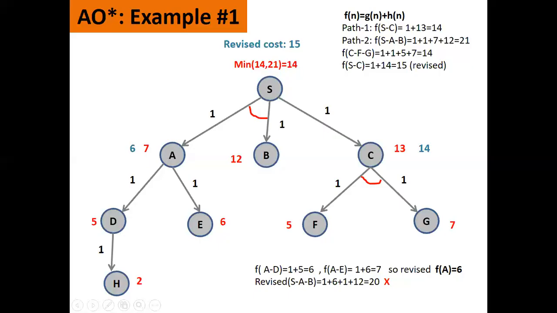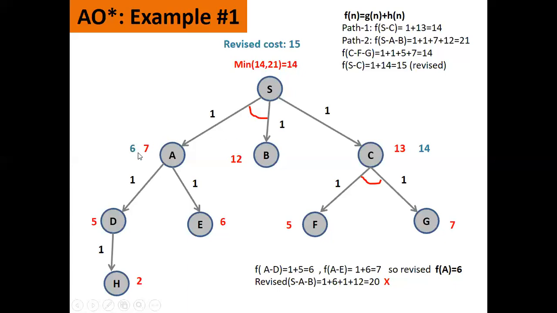Is it clear? Now, once I get the revised cost for A, I need to traverse back and recalculate whether I get a value lesser than 15. So now let us go back. Now this is 6. So again, if you want to calculate the cost of S on this path using this revised cost of A, it will be now 1 plus 1, right?